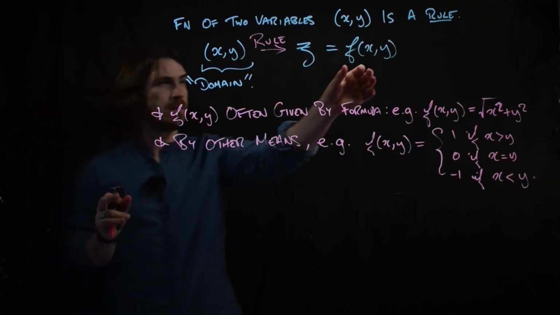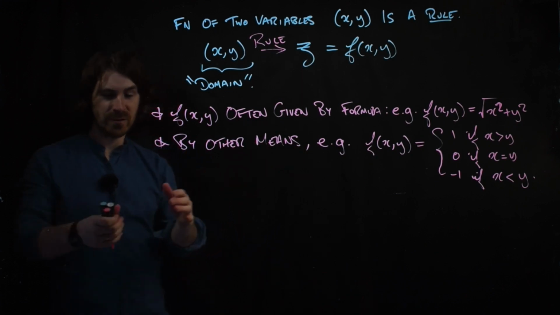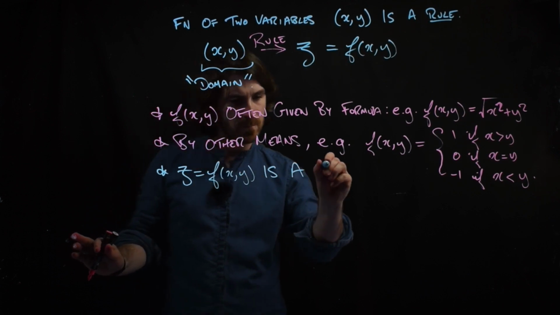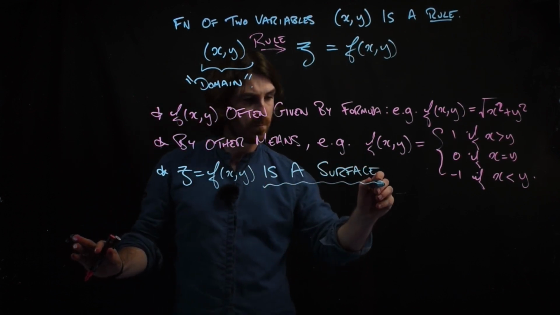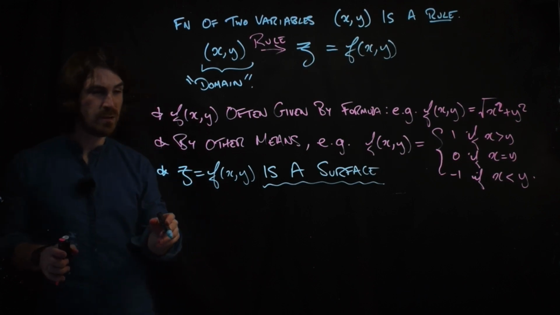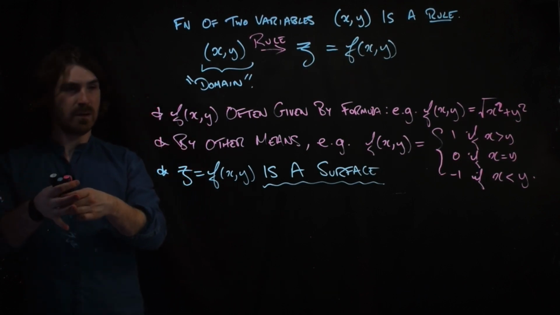Okay, so it turns out that this function of two variables represents a surface. In Cartesian coordinates, let's have an x, y, and z.